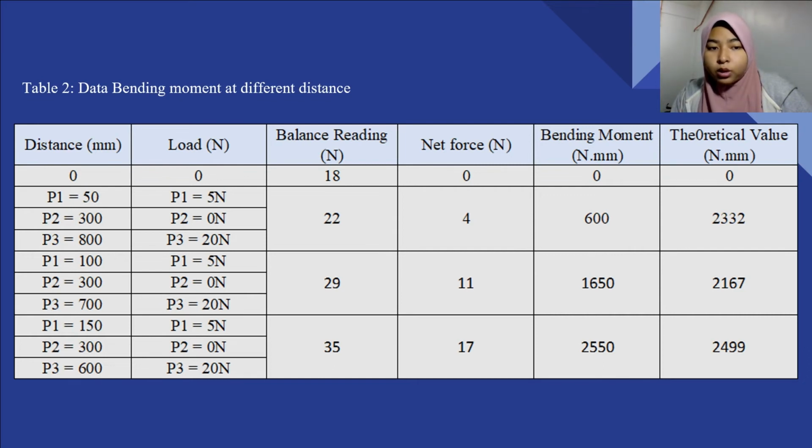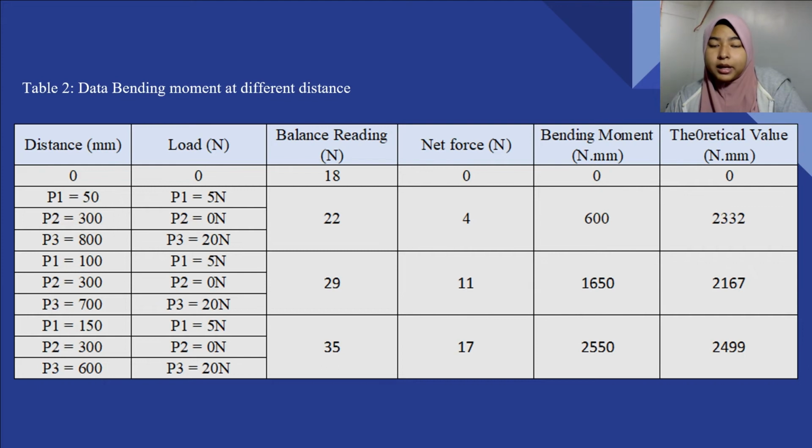And P2 is constant. For load, each data will be using P1 with 5 Newton added. There's no load at P2, and P3 will be added 20 Newton. So each data will be using the same load, so the load is constant.